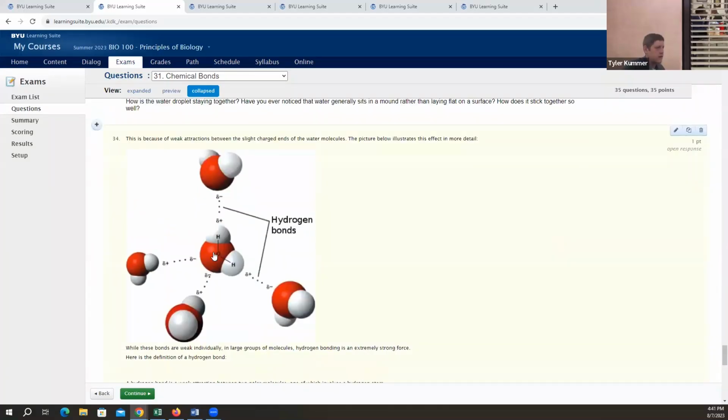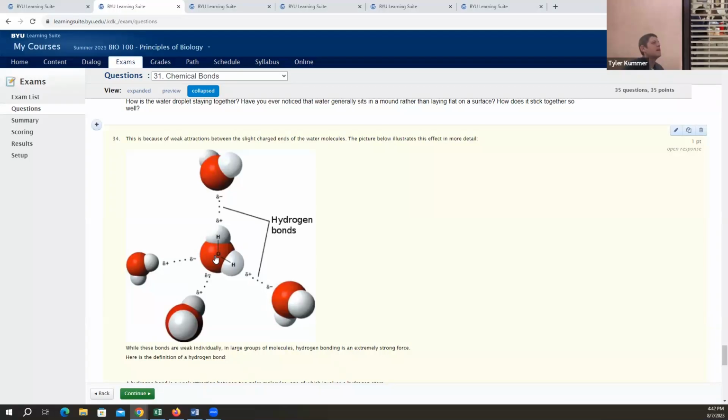There we go. Our last one here. I mentioned that the slightly negatively charged oxygen side would be attracted to the slightly positive hydrogen side of the next water molecule. And so that's where our third type of bond that we need to know comes from. Hydrogen bonds are not these bonds right here. It's not a bond between the oxygen and the hydrogen within the molecule.